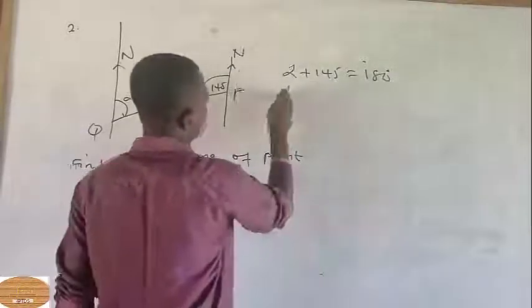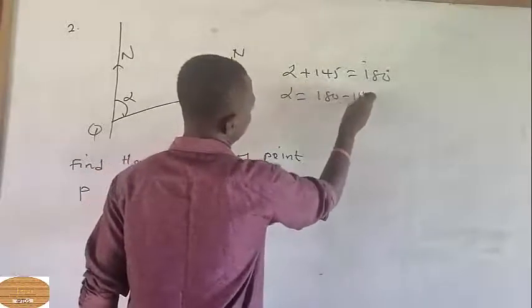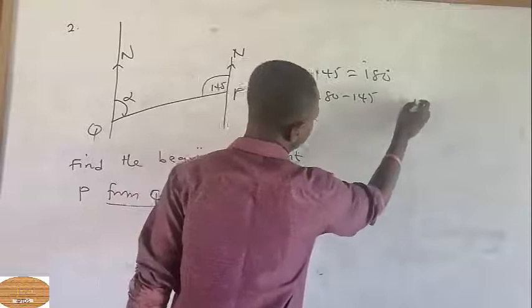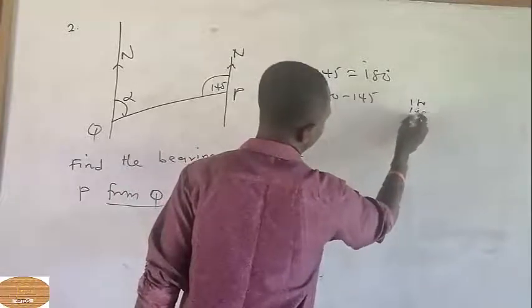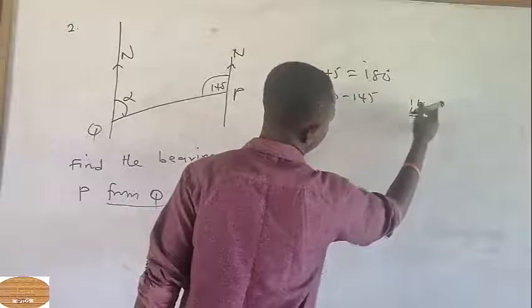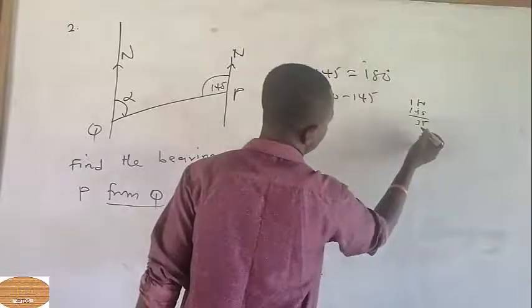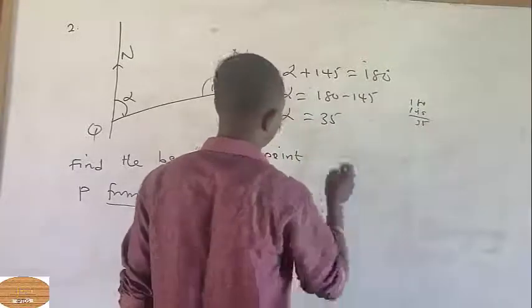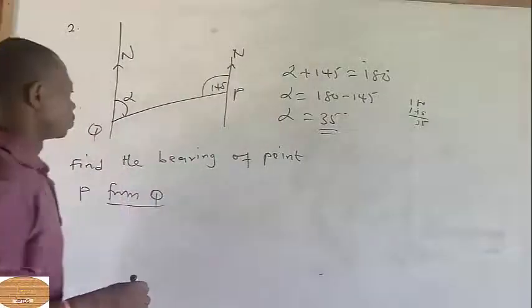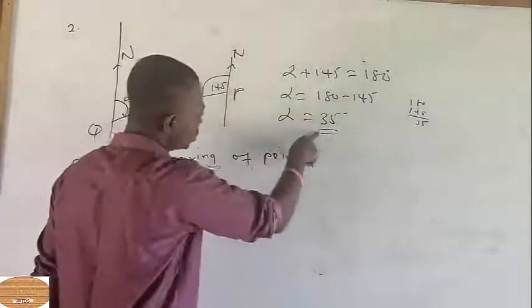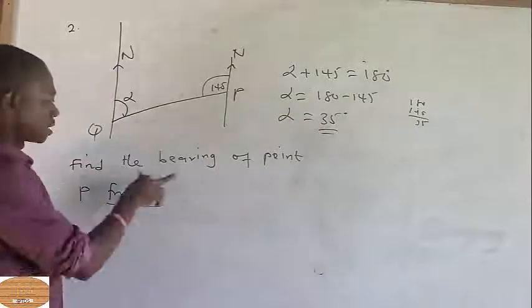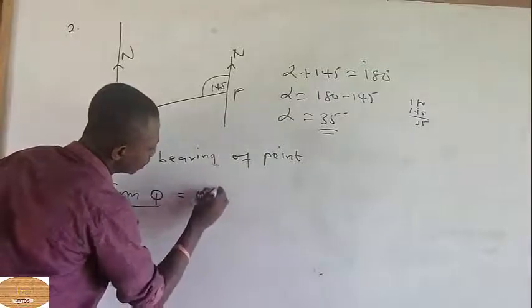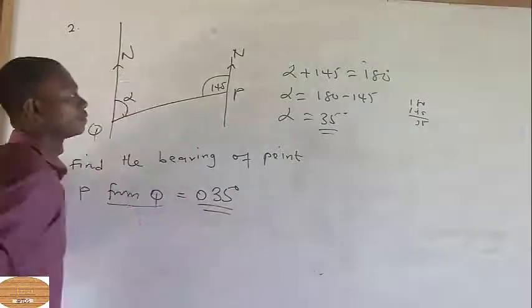So alpha is 180 minus 145, which is 35 degrees. So the bearing of point P from Q is 035 degrees. So that is that.